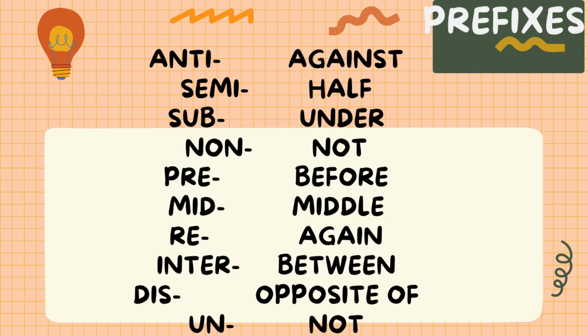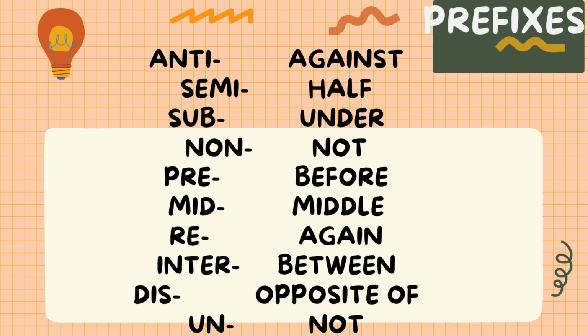Pre, which means before. Mid, which means middle. Re, again. Inter, which means between. Dis means opposite of, and non means not. As you can see, prefixes appear at the beginning of a root word.